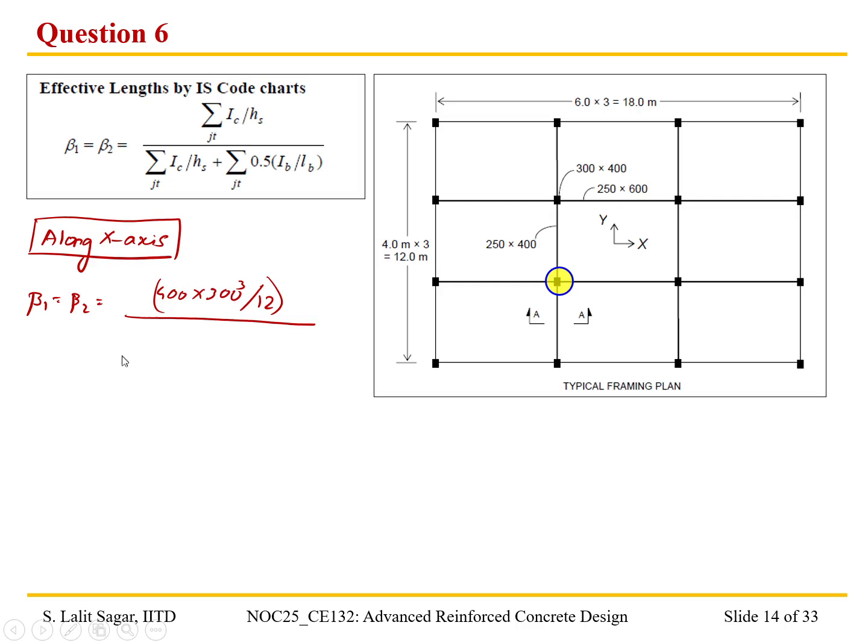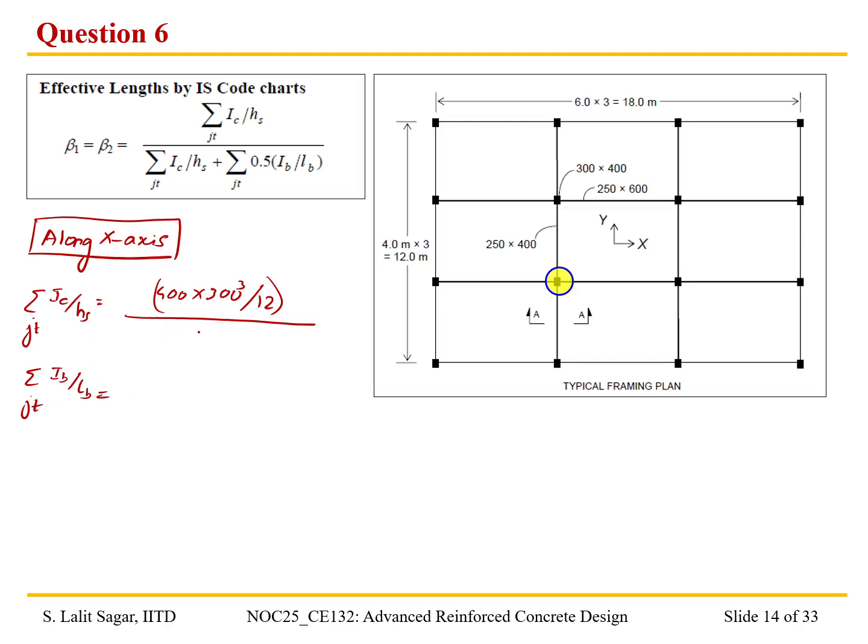I think first we need to determine the values of these individual terms, and then we can determine beta 1 and beta 2. So let us first find the value of sigma IC by HS for the joint, then the value of sigma IB by LB for the joint.